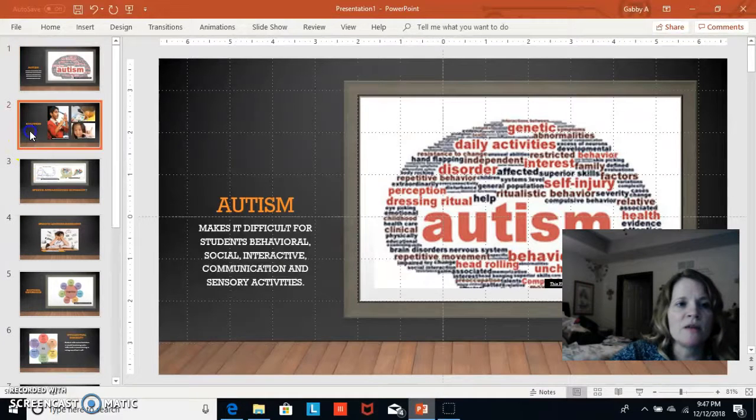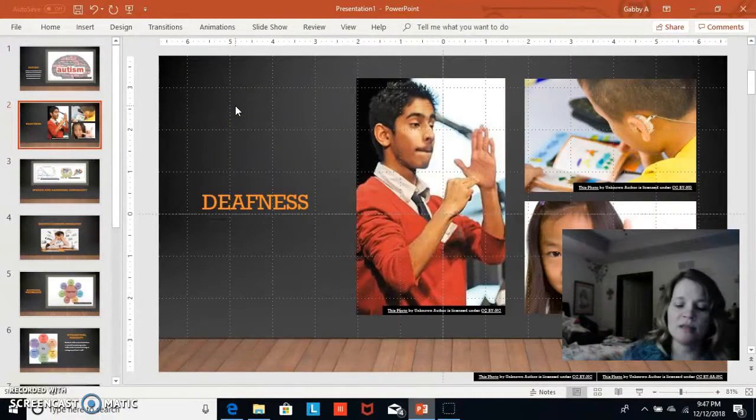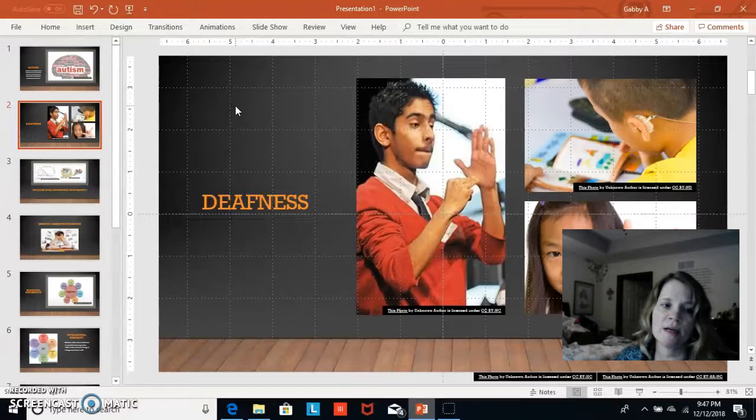One of the next things we learned about is deafness. Students with deafness have a hearing disability. This affects language and speech development, which are diminished due to the lack of auditory response to sound.